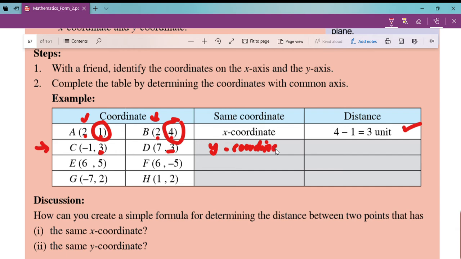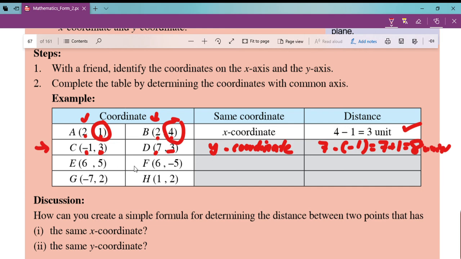So if the y coordinate is the same, then we compare x: negative 1 and 7. Which number is larger? Of course, 7 is larger than negative 1, right? So we use 7 minus negative 1. Here the negative becomes plus, so in the end you have 7 plus 1. So in total, you have 8 units.